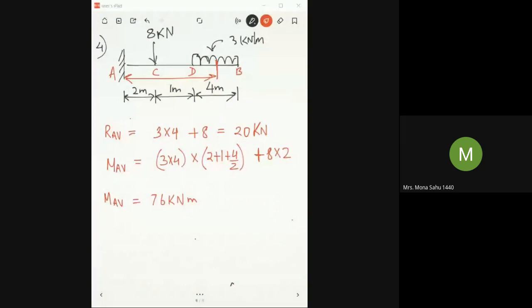With this, we have completed the basics of how to calculate the reaction forces. From next class onwards, I will start into the main subject, that is, what is shear force, what is bending moment, and how to calculate shear force and bending moment at each point on a beam. We'll be taking only 2 types of loads, point load and UDL, uniformly distributed load.